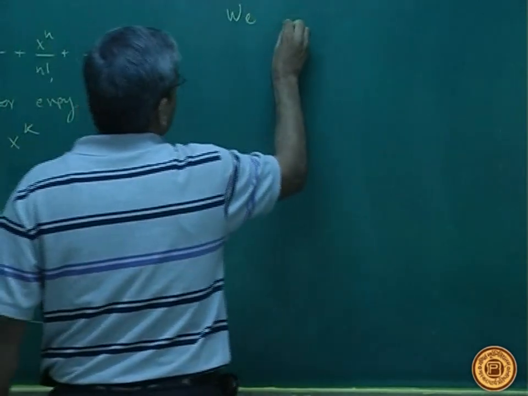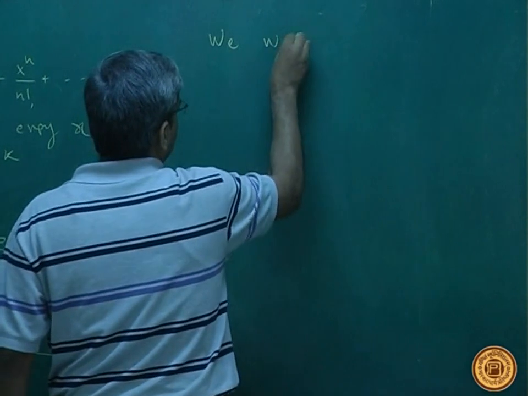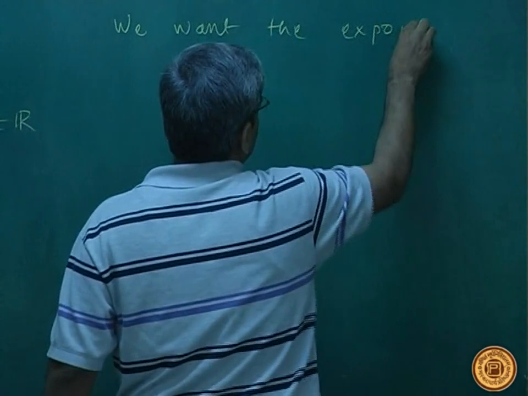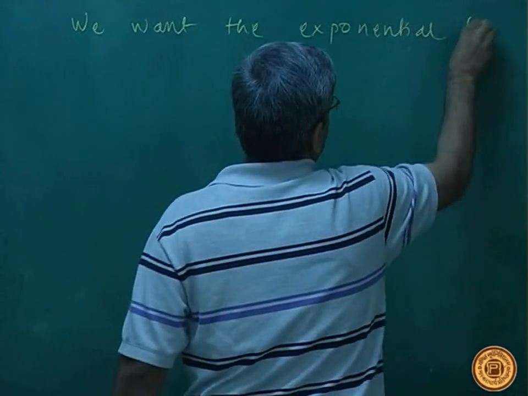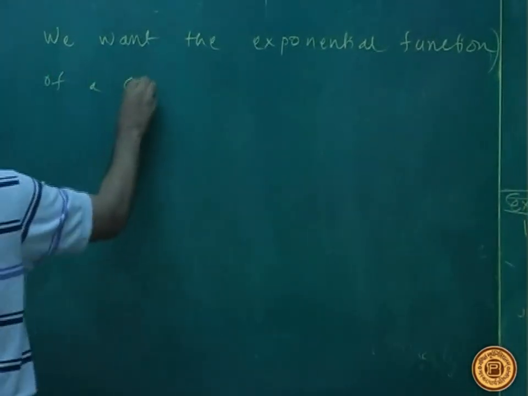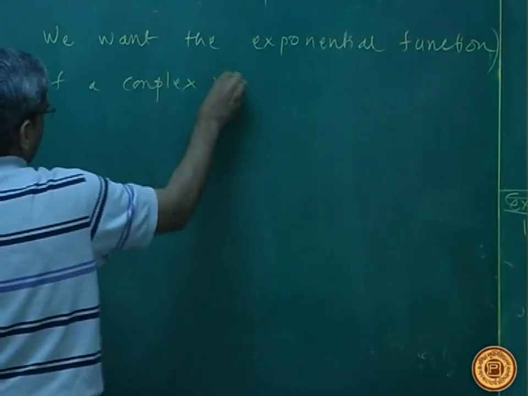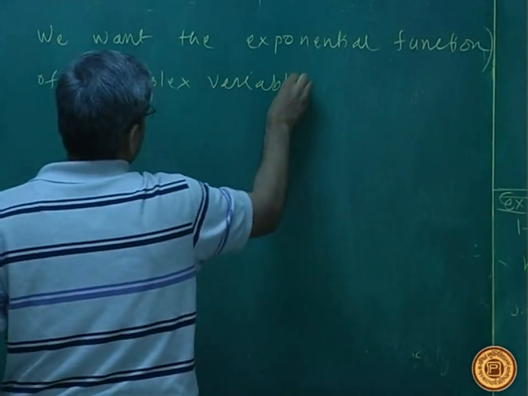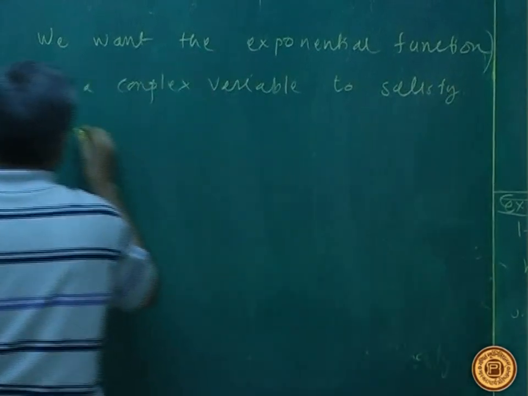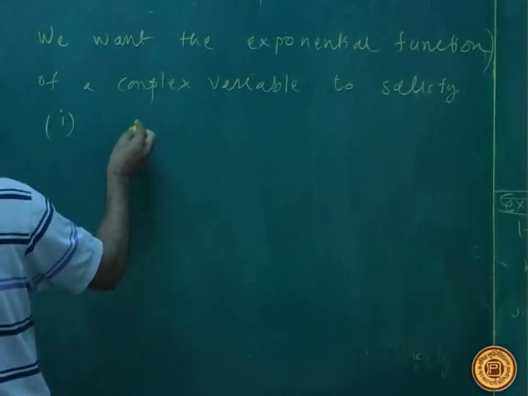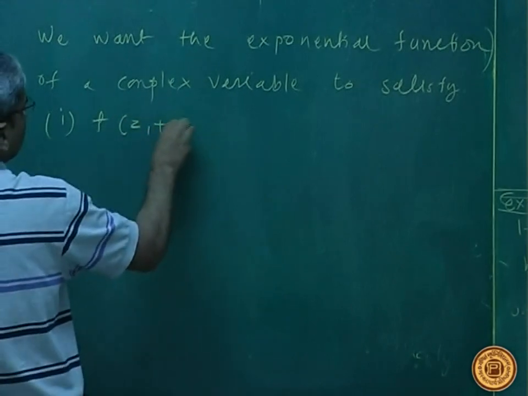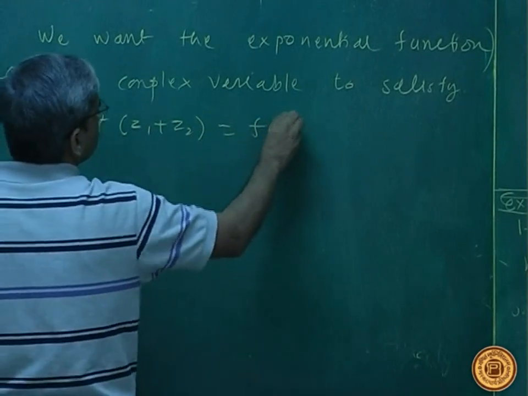So we want the exponential function of a complex variable to satisfy property 1. So suppose that function is f. So the desired function has the property f of z1 z2 is f(z1) into f(z2).